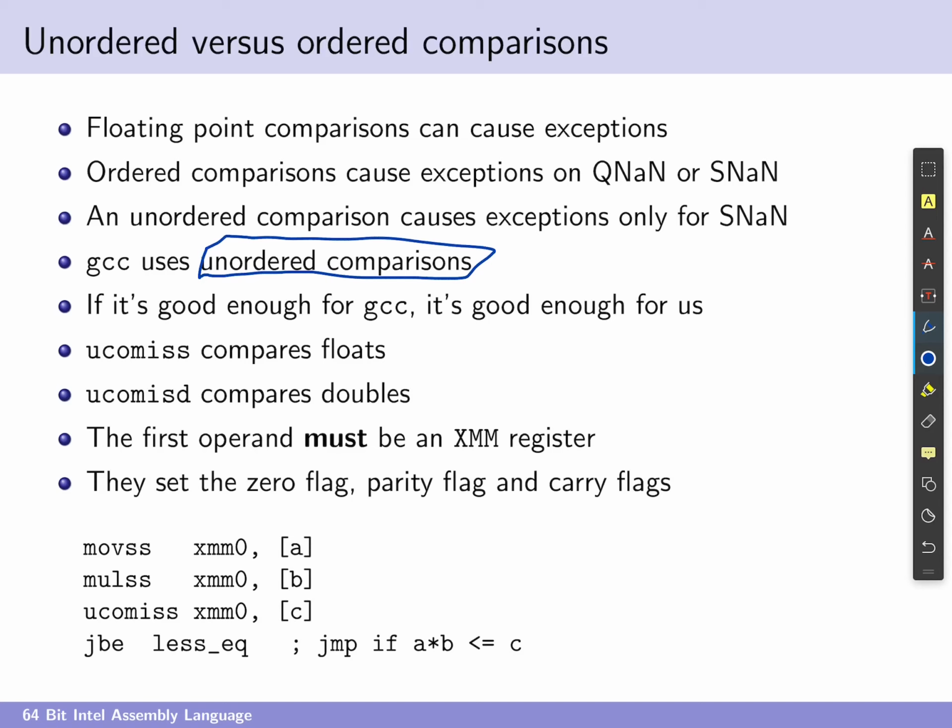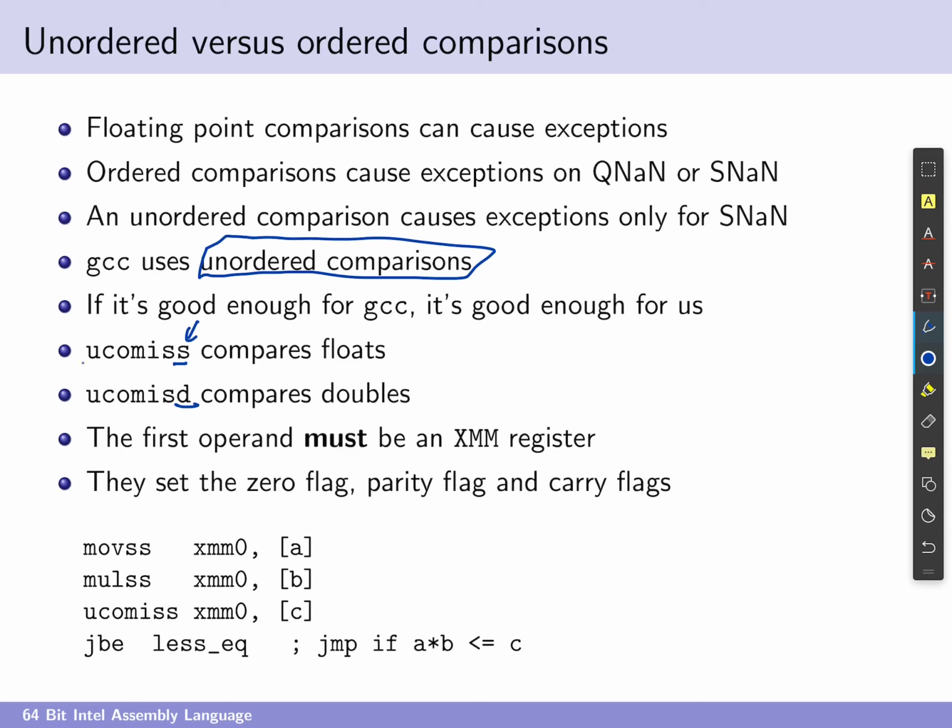Now, if I want to perform a comparison between two different floating point numbers, I have to specify what size the floating point number I'm about to compare against is. So am I comparing two 32-bit ones or two 64-bit ones? And I do that by indicating at the end this S to indicate that it's going to actually be a single that I'm comparing, so two 32-bit numbers, or D to indicate I'm comparing two 64-bit numbers.